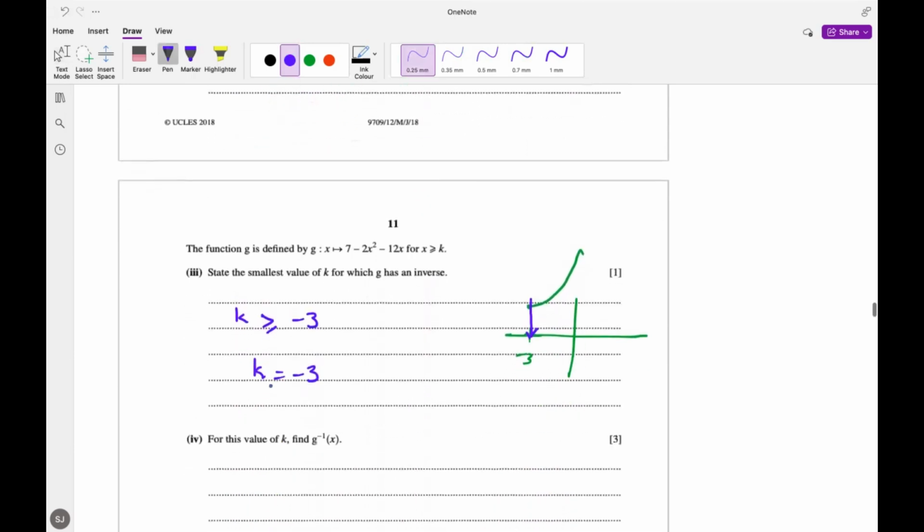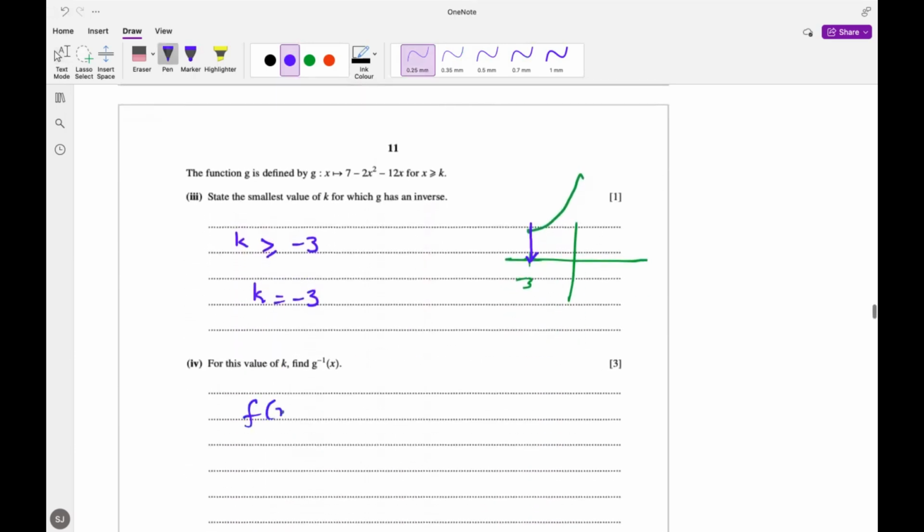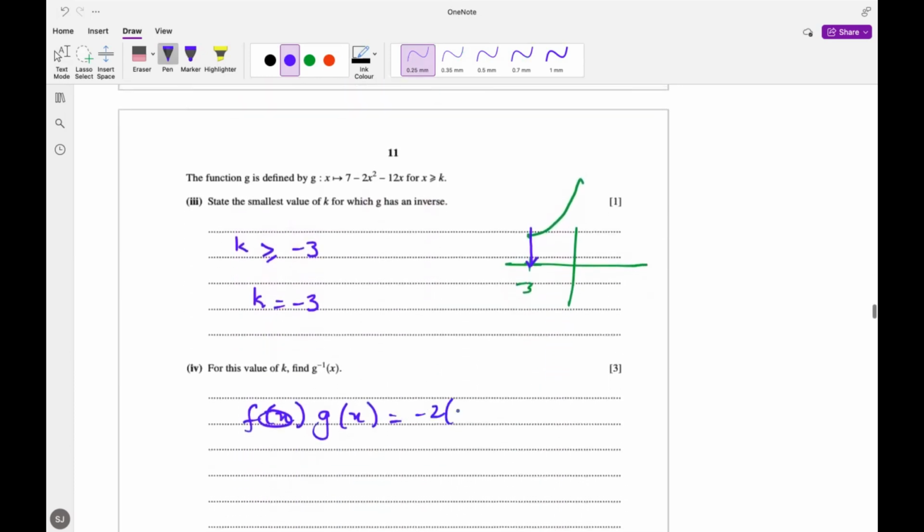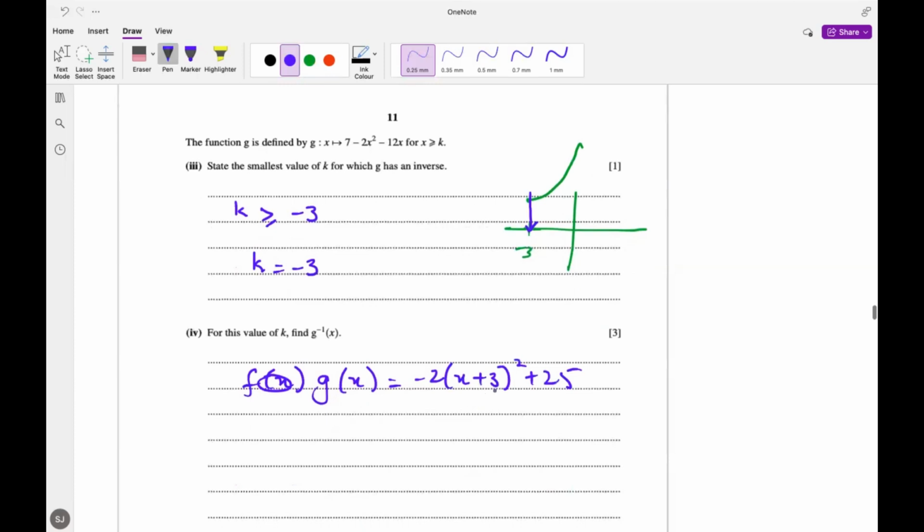Now to find g inverse, we know that the function g of x can be written as minus 2 into x plus 3 whole squared plus 25. Whenever finding the inverse of a quadratic function, we must make sure that it is first converted into the completed square form.